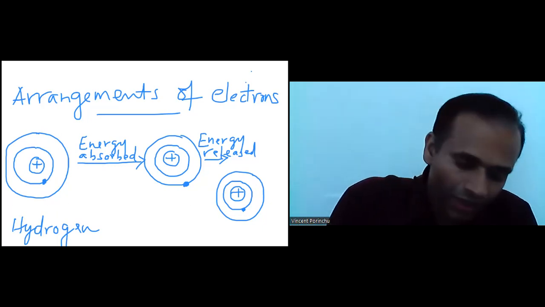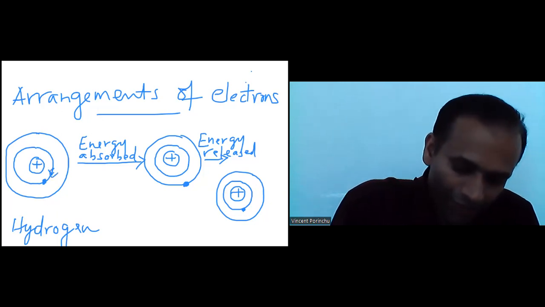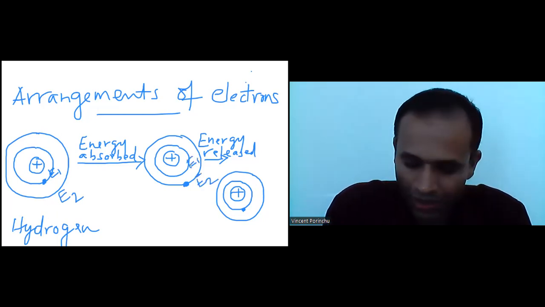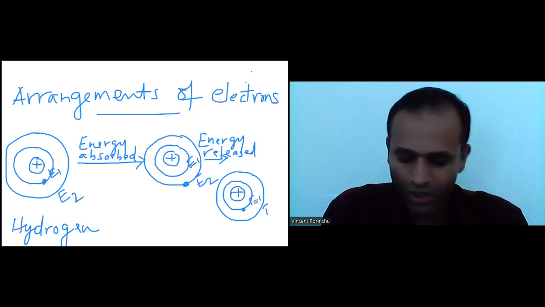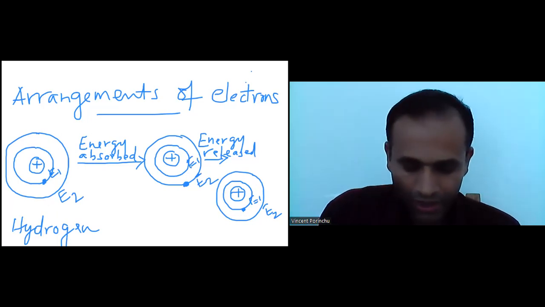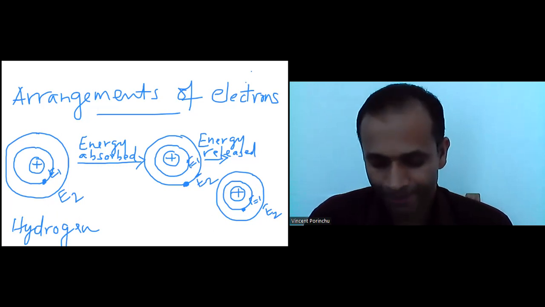We note this as E1, the first energy level, and E2, the second energy level. Here also this one is E1 and this is E2, same here, E1 and E2. When an atom absorbs a certain amount of energy, the electron moves into the next higher energy level.